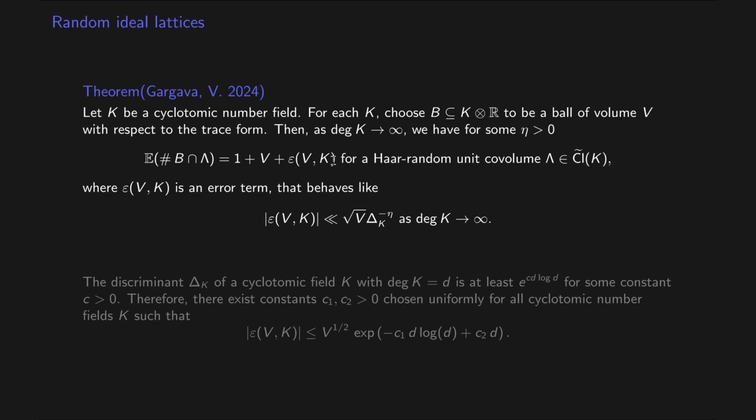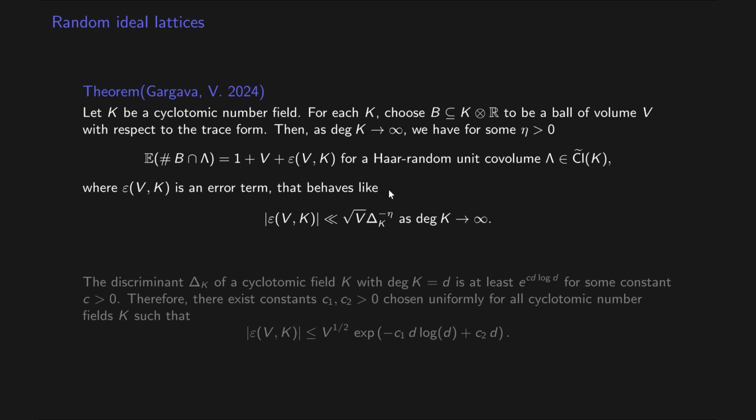And the error term will be small as the degree of the field goes to infinity. And so we can estimate the size of the error term in the following way. The size of the error would be smaller than the square root of the volume times the discriminant of our field raised to some negative power.